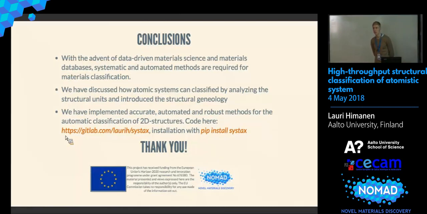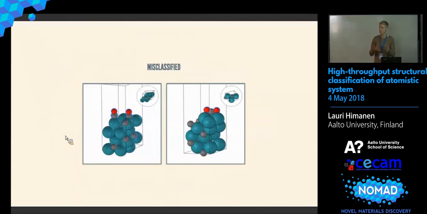Are you planning to implement it for 3D systems? What do you mean by 3D? Like crystal structures, so identifying crystal structures. Basically, because we already have this implementation for the dimensionality detection, we can detect 3D systems, but in order to distinguish between, say, bulk water and a crystal, this becomes a bit more complex issue.